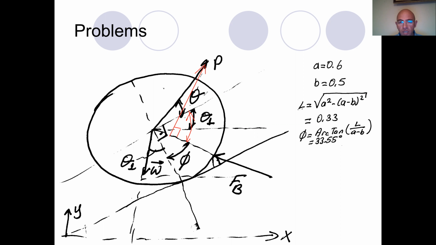And in fact, I need to know this angle. Therefore, this angle is P divided by 2 minus phi plus theta. And if I multiply the magnitude of the P with sine P divided by 2 minus phi plus theta, I will get this component of the force P.